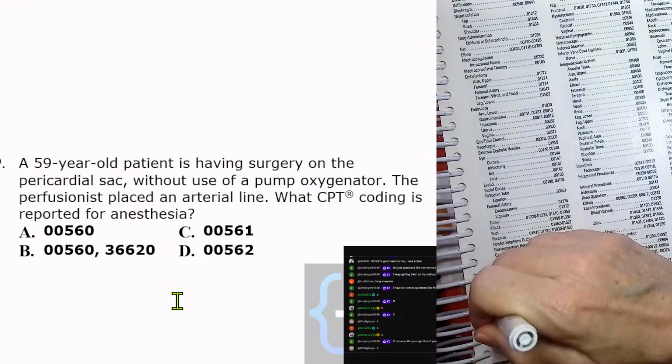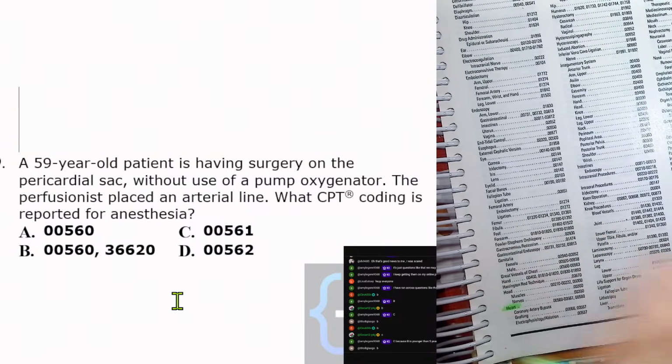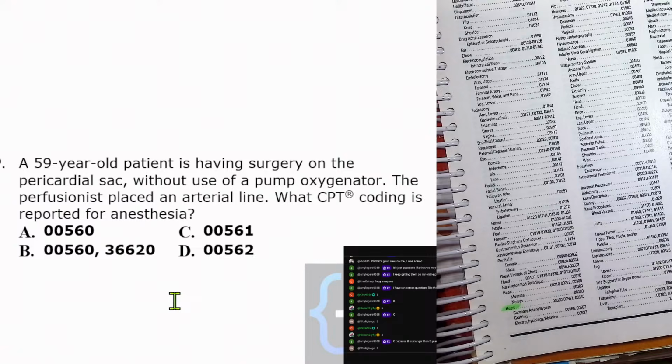We did it on the heart. That directs us to the 60 through the 67. It's pretty much every single answer. The index wasn't very helpful for these.